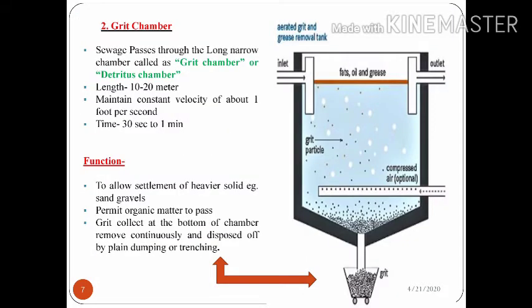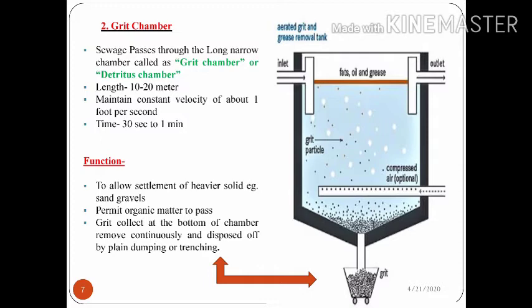Grit chamber. Sewage is then passed through a long slide chamber called the grit chamber or detritus chamber. This chamber is approximately 10 to 20 meters in length. It is so designed as to maintain a constant velocity of 1 foot per second with a detention period of 30 seconds to 1 minute.